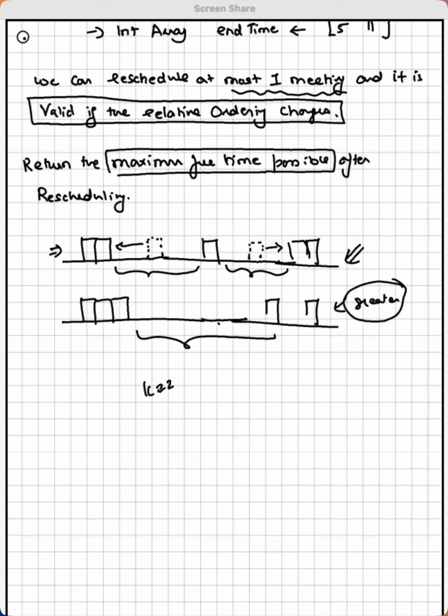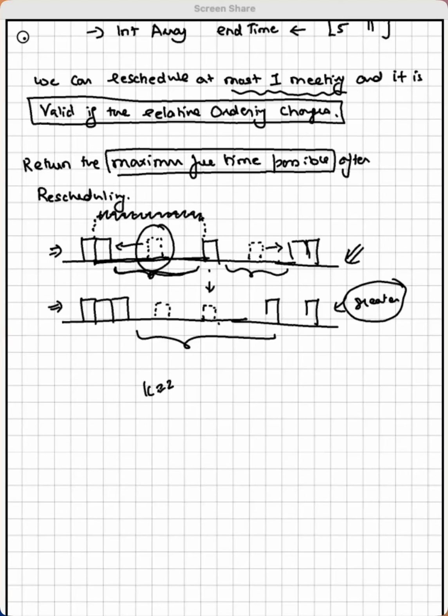In the second one, we picked this one and moved it together. What we realized last time was that if I'm shifting this one, I have to place it in this window range only, starting from here till here. So it has to be in order. Order was important.